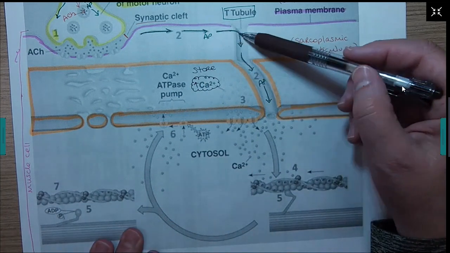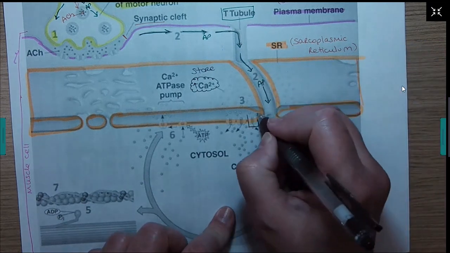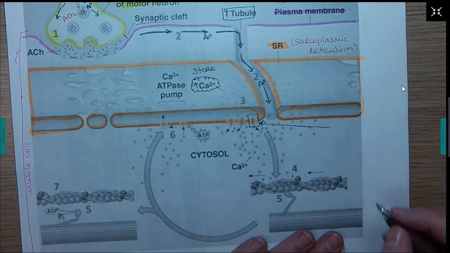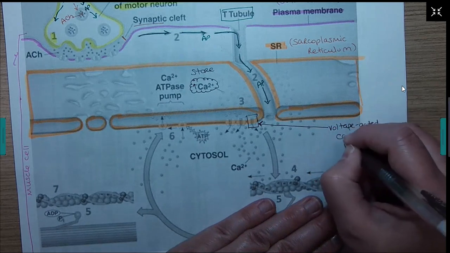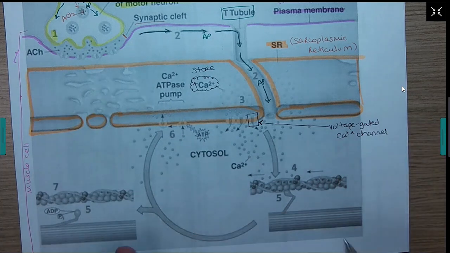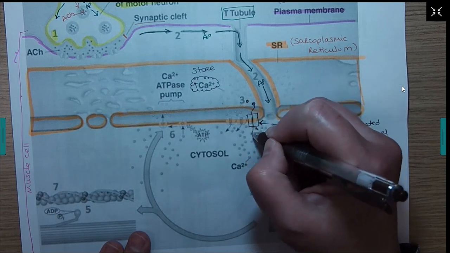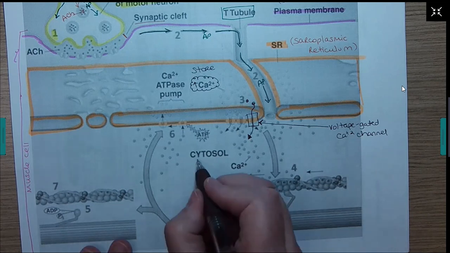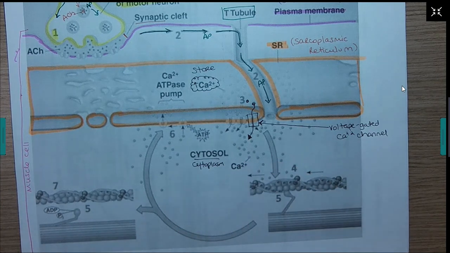So when the action potential comes down the T-tubule, it's going to cause these, see that protein channel right there? It's going to cause that voltage gated calcium ion channel to open, and the calcium ions are going to get into the cytoplasm, cytosol of the cell.